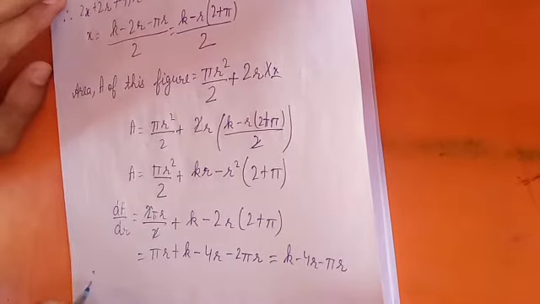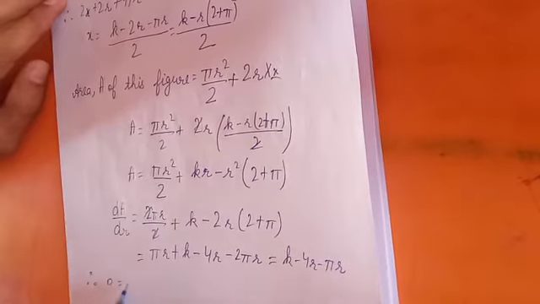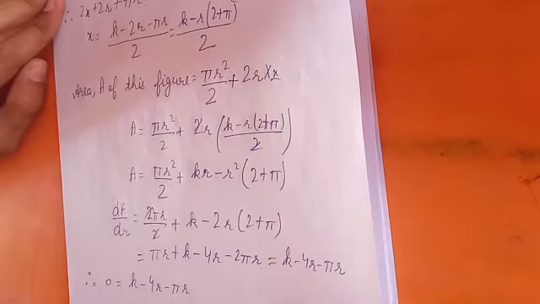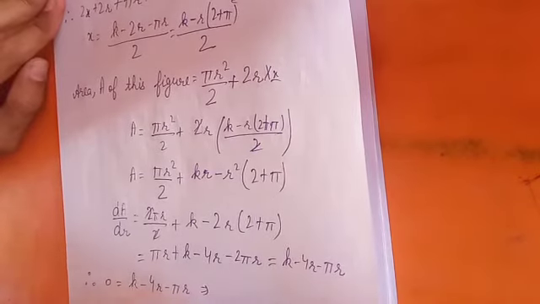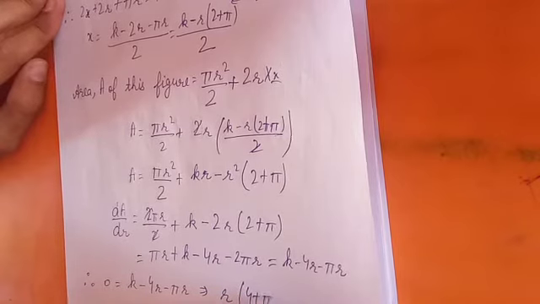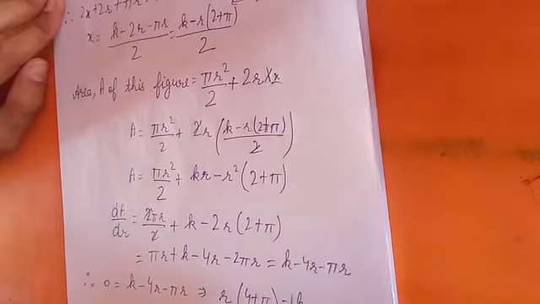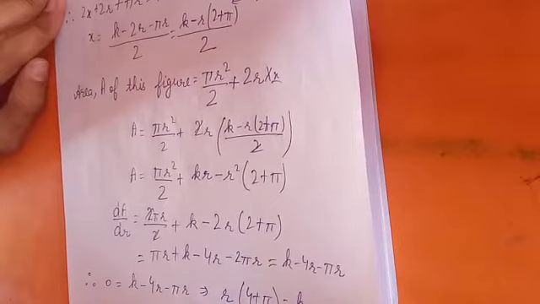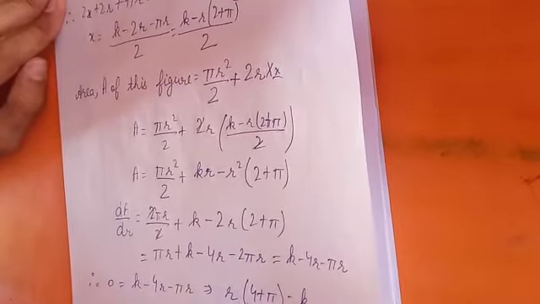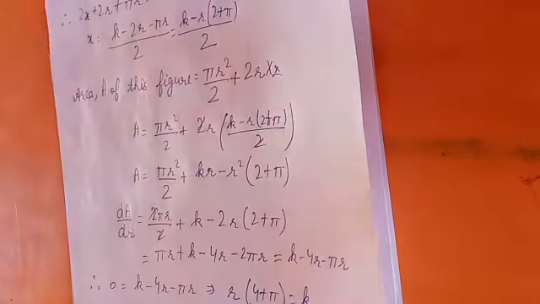Therefore 0 is equal to k minus 4r minus pi r. From here we take r common, so r times (4 plus pi) equals k, and r is equal to k by (4 plus pi). First of all, we have found the value of r.